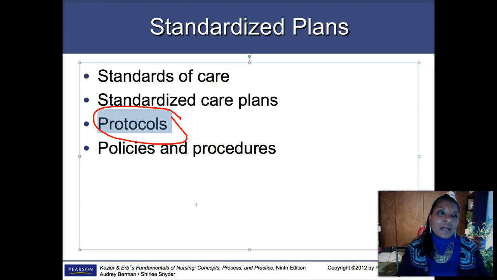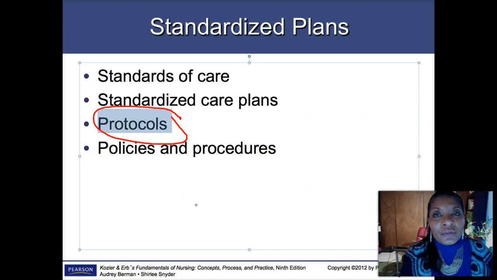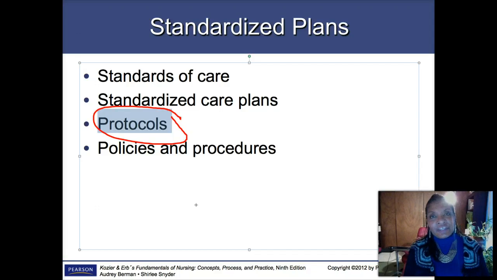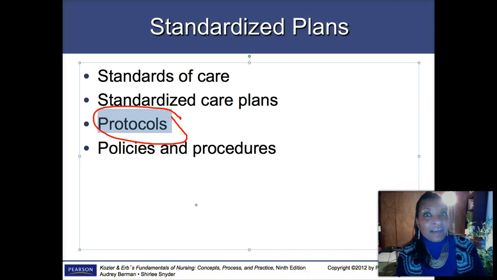For example, when I was at Aurora, all patients that were admitted to the cardiac unit were to get an IV, at least a 20 gauge. That's the size of the IV. Because of that standing protocol, I didn't have to call the doctor and ask to insert an IV.